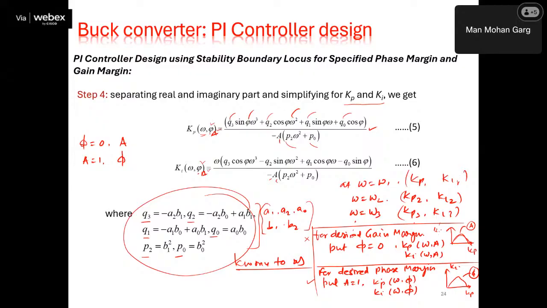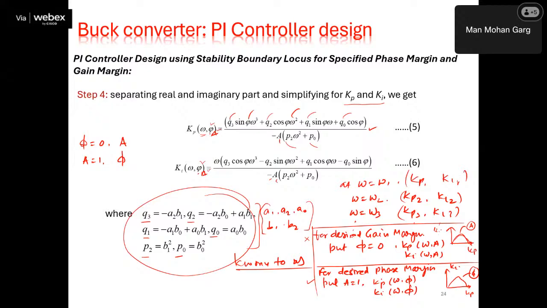For a specified value of desired phase margin, the boundary locus is obtained by setting A. It means, let's say I have this boundary locus, this is your Kp, this is Ki. It is for the desired phase margin, so we put A equal to 1 over here.